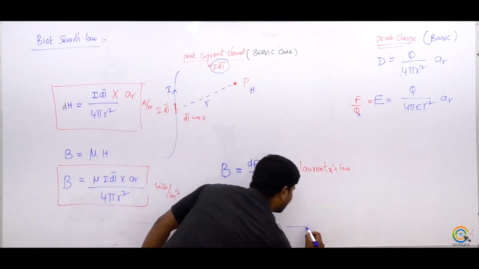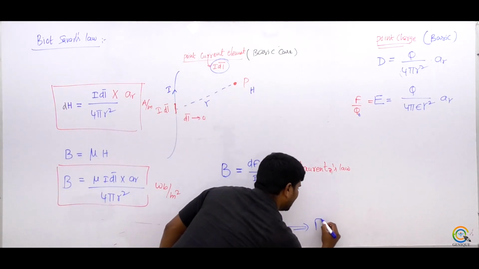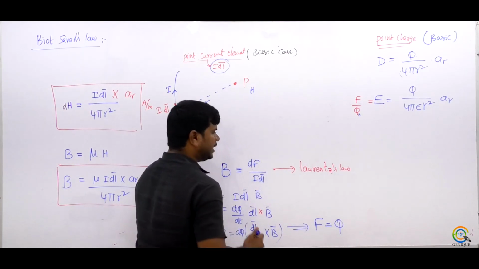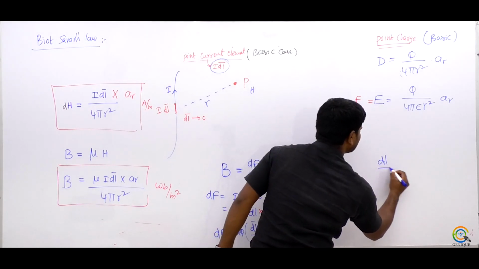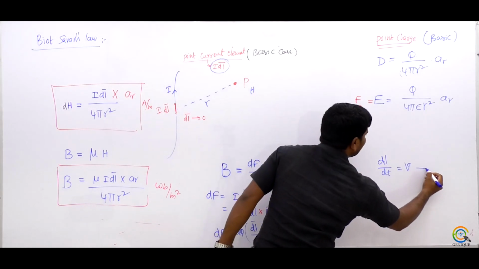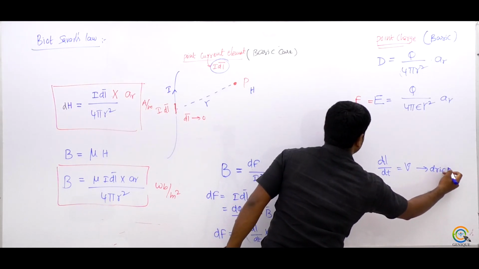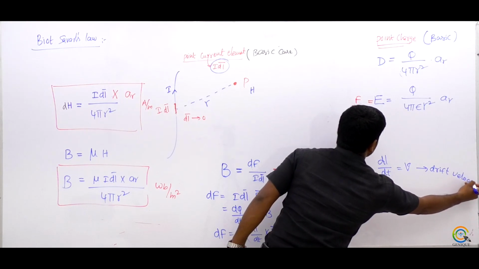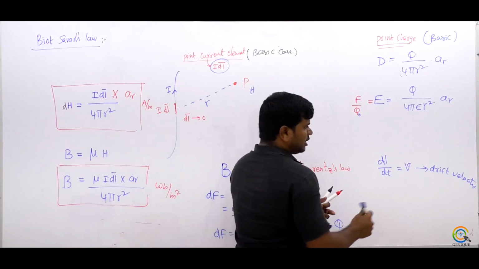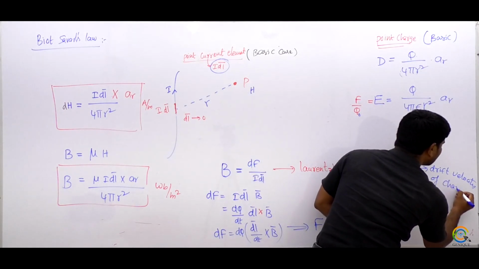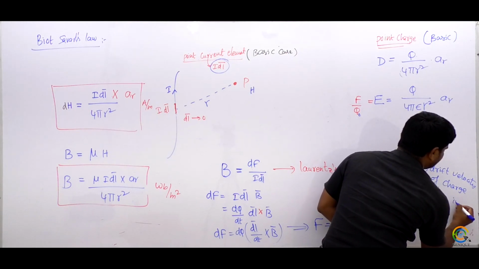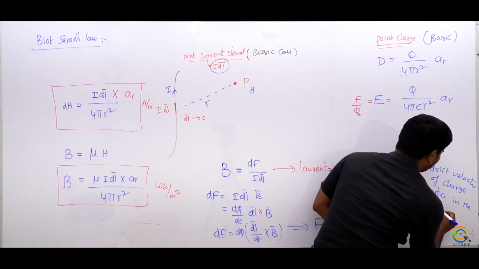So from this, I can write F is equal to Q into dl by dt. Here dl by dt is called the drift velocity, or the velocity of the charged particle in the magnetic field.